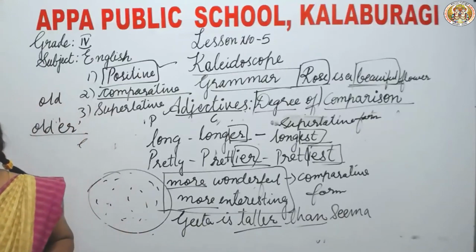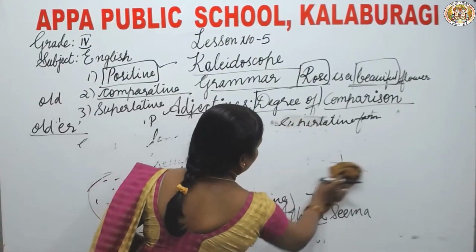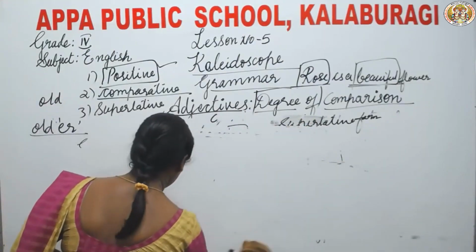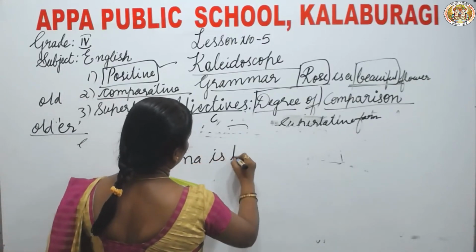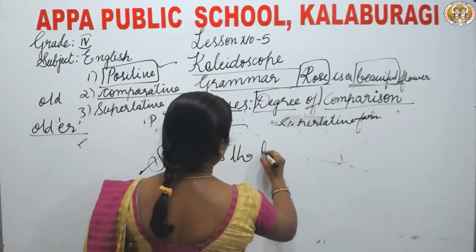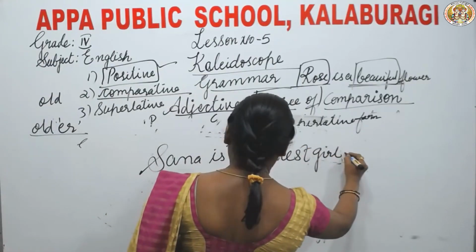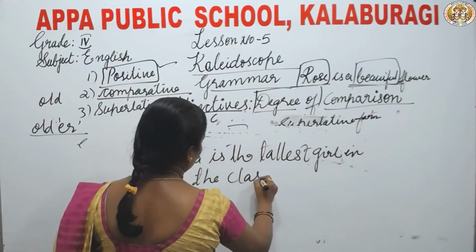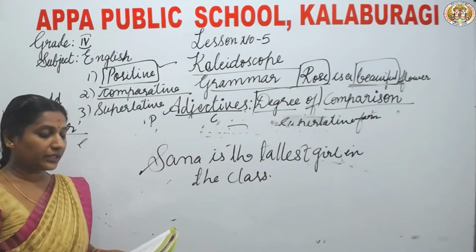One more example: Sana is the tallest girl in the class. So the superlative degree of adjective is formed in this way.